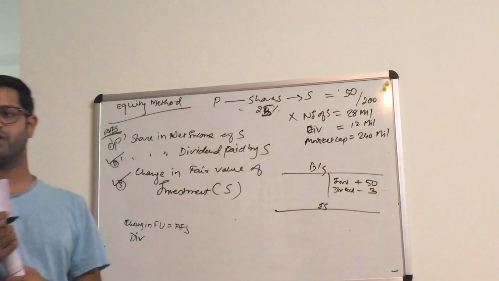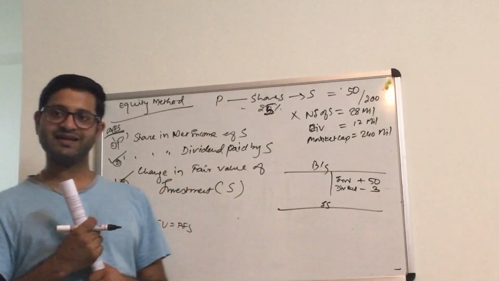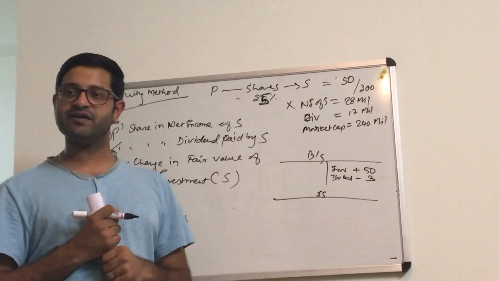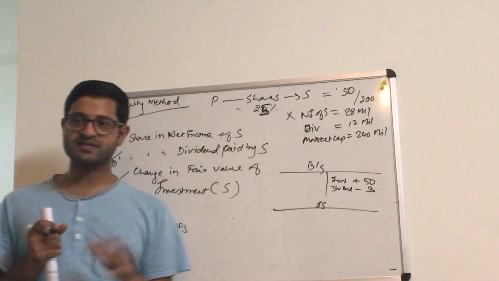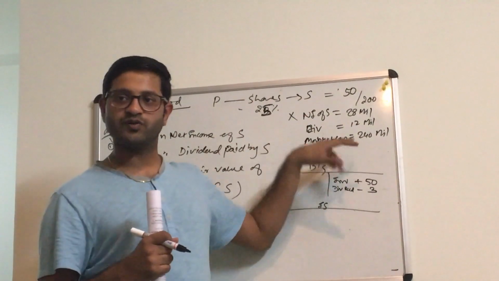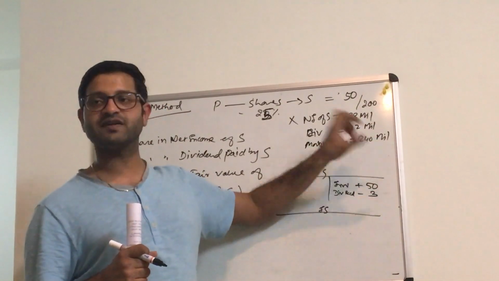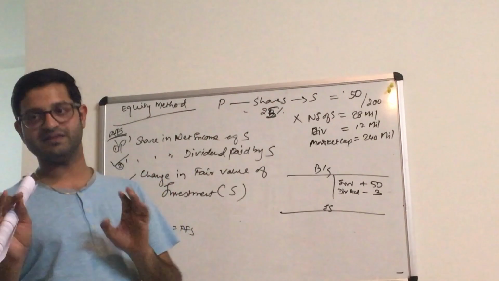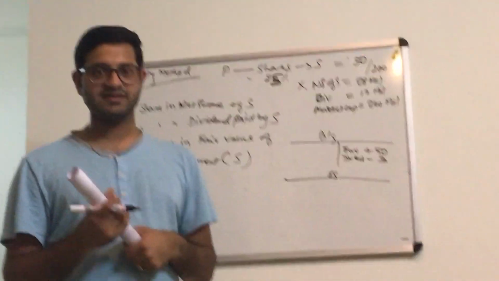How much did I buy it for? 50 million. So a 10 increase. 3 we have already accounted for; 3 is separate, 3 is dividend. This is after the dividend. Even after you have considered the impact of the dividend, 240 is the closing price. This is still unrealized.